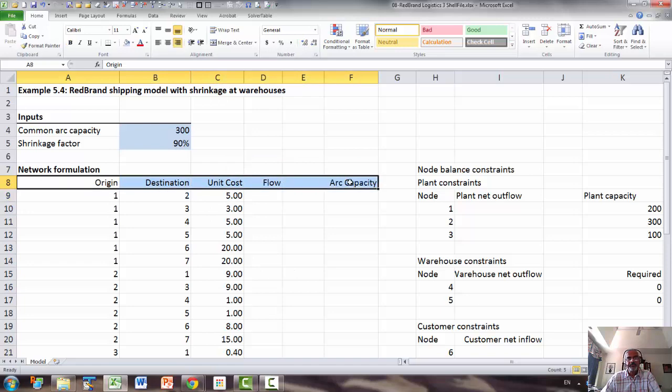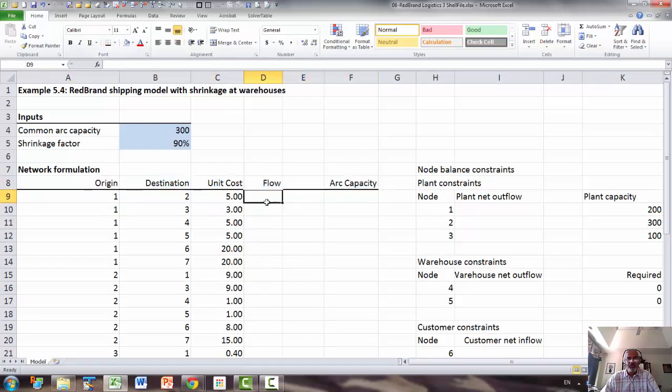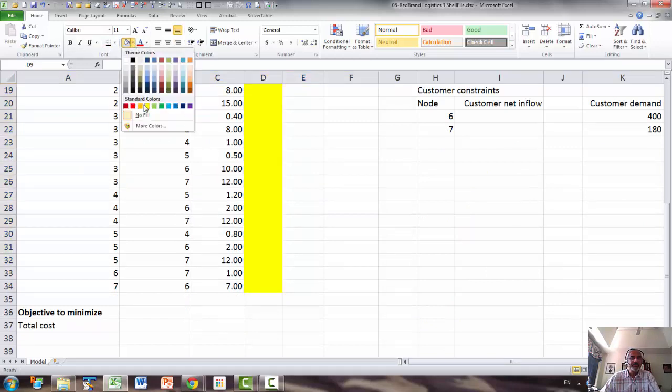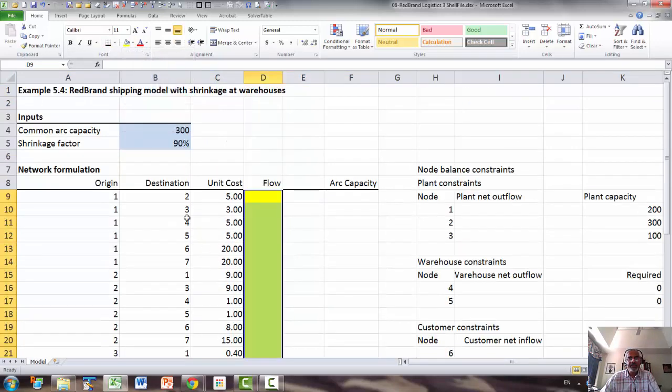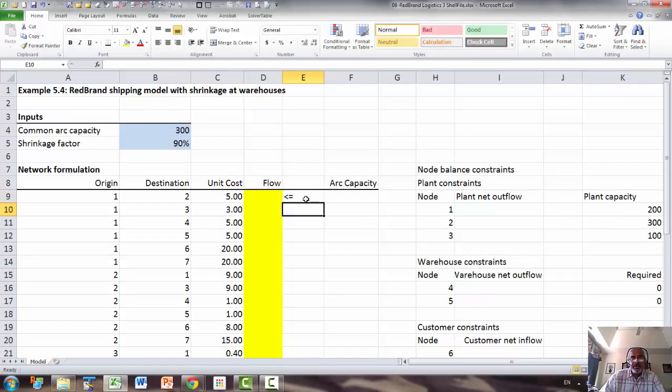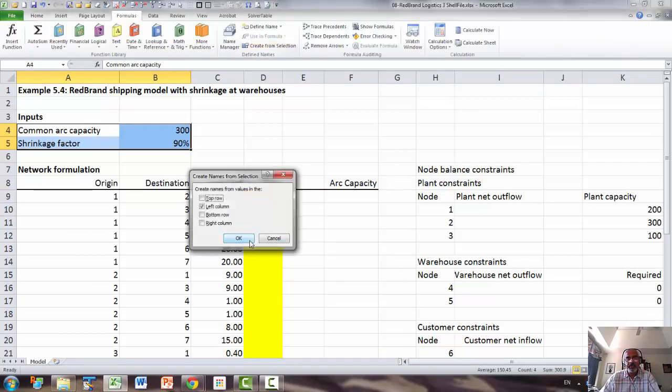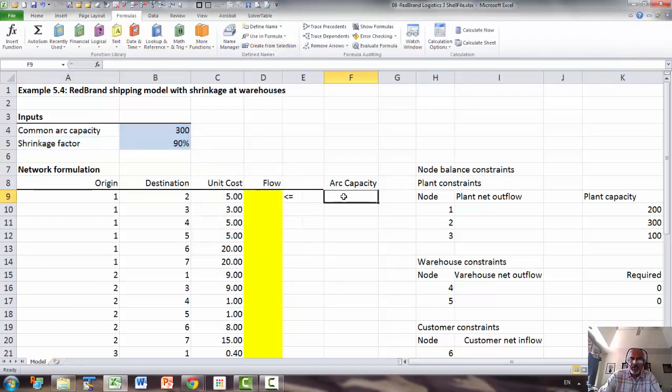And flow is changing cell. So our capacity is that. So let's give names here. Our capacity is that.